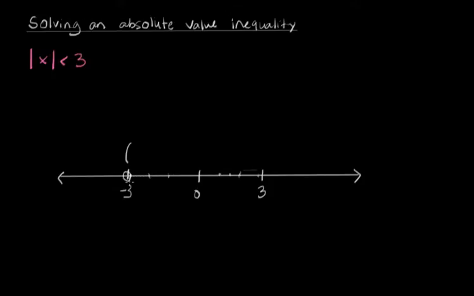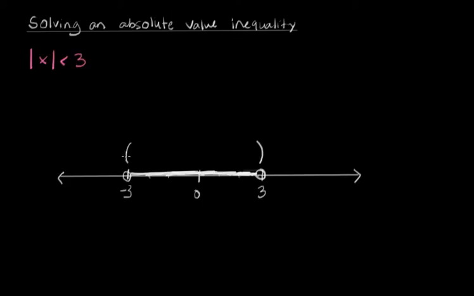So an open circle at -3, and then any number in here is going to work, all the way up till 3, and then we'll put another open circle at 3. So this is how we would graph the solution to this inequality on a number line.